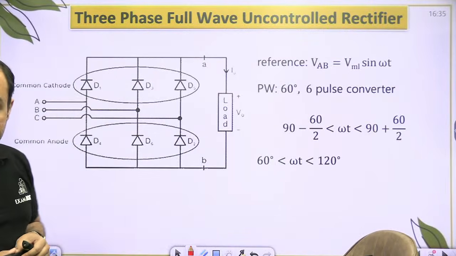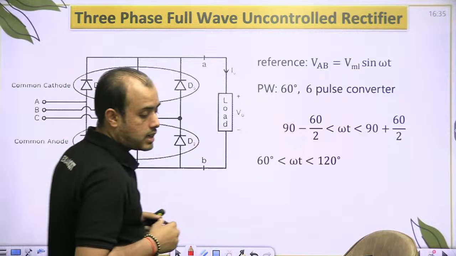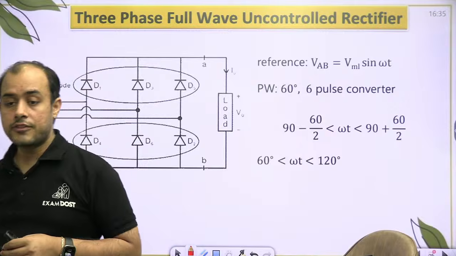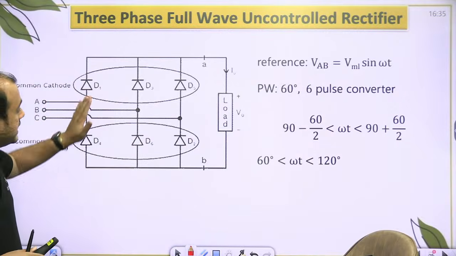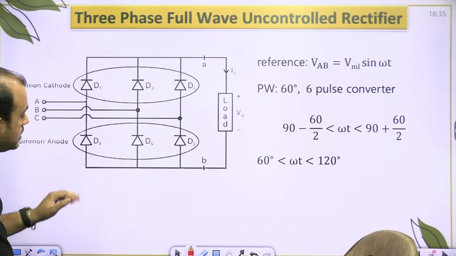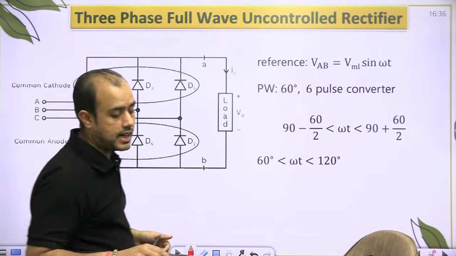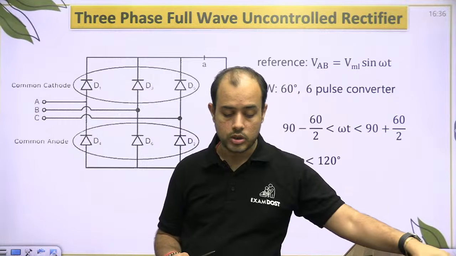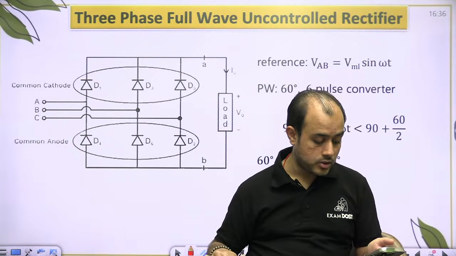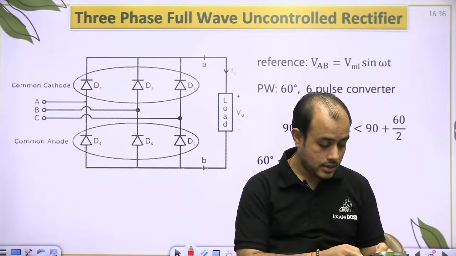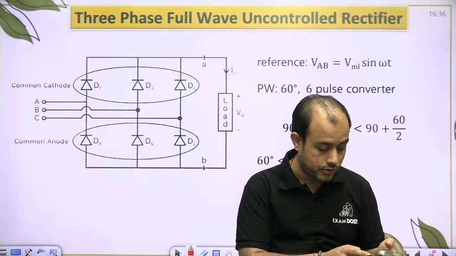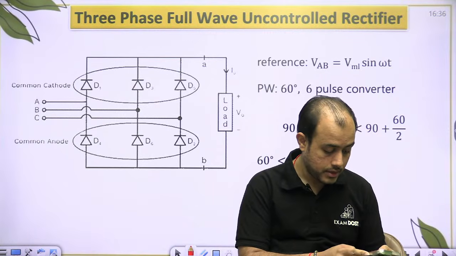चलिए. Is this clear? Now I come to a full wave uncontrolled rectifier. In a full wave beta, there are 3 diodes connected in the common cathode configuration. The lower 3 diodes are connected in common anode configuration. Now, what is the purpose of common cathode beta? Common cathode always transfers the maximum voltage at the output.